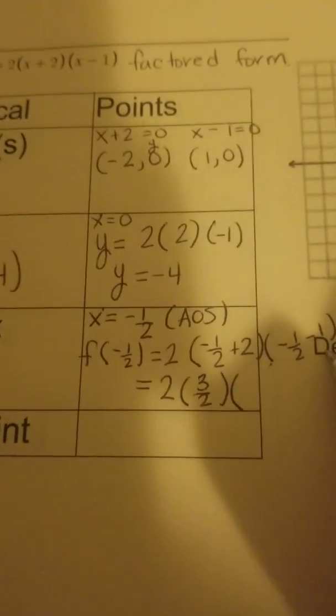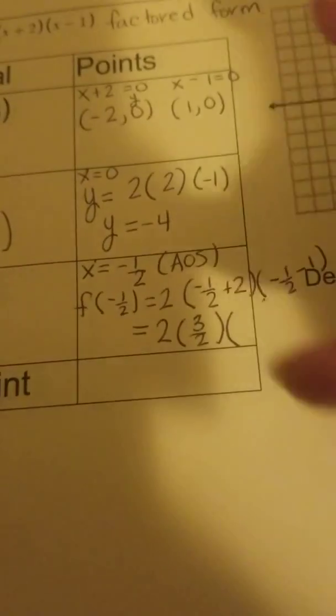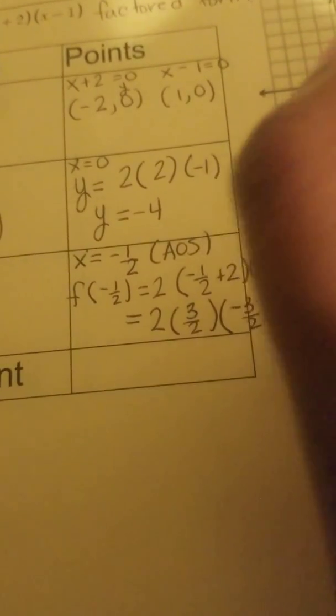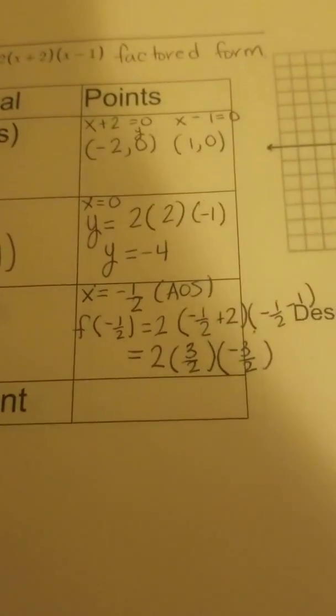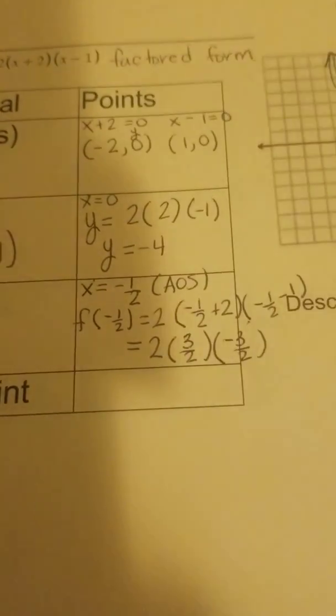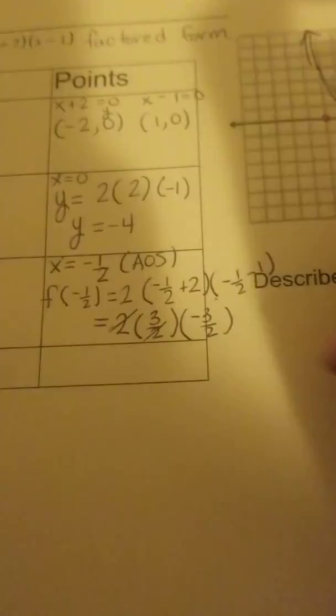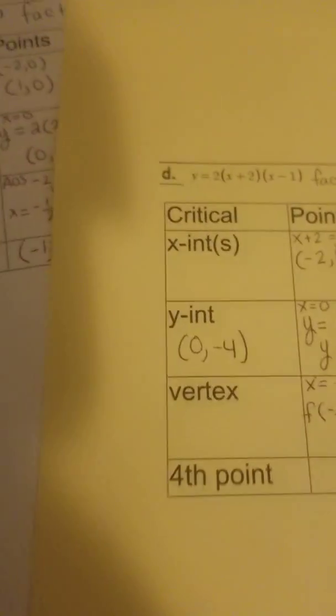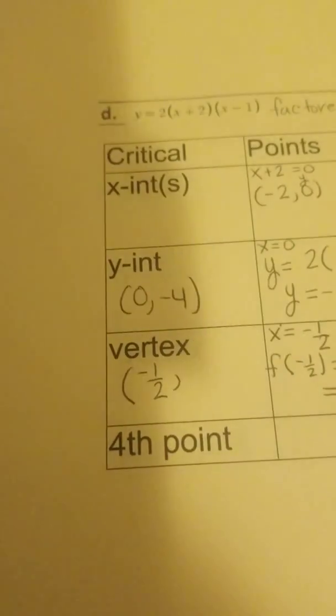And then -1/2 minus 1 is -3/2. And I personally just like to work with fractions as opposed to decimals. So these two cancel out. I just multiply straight across. I get -9/2 or just -4.5. So my complete vertex would be -1/2, -4.5.